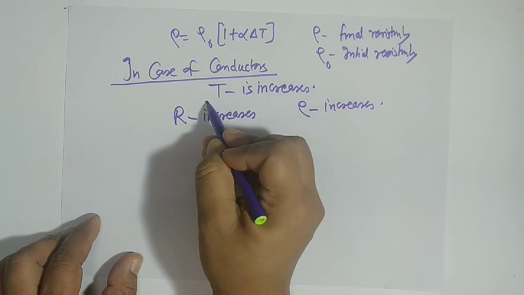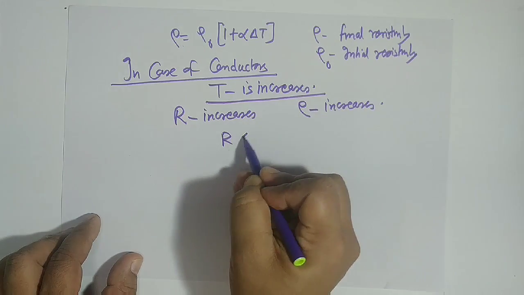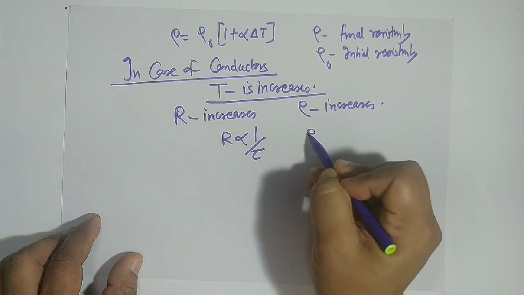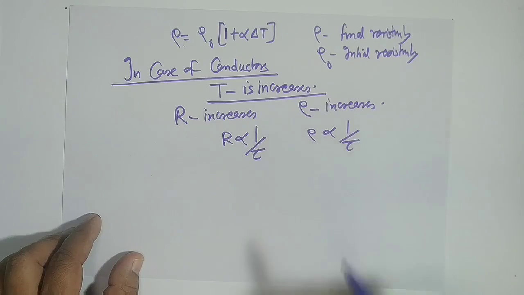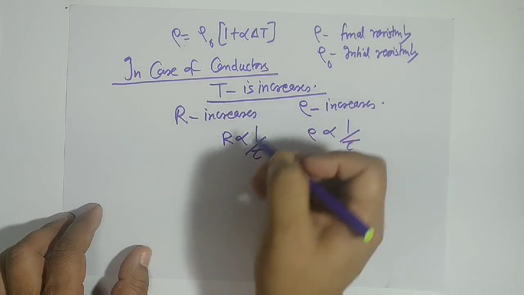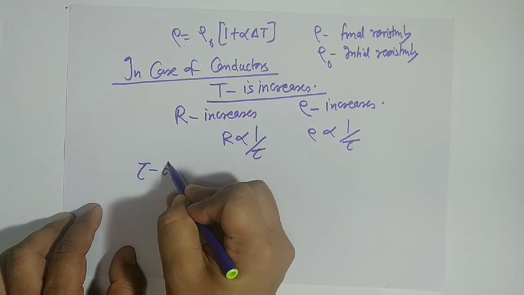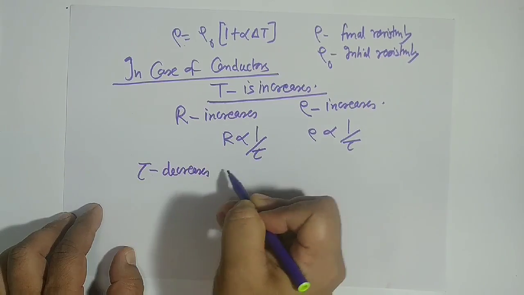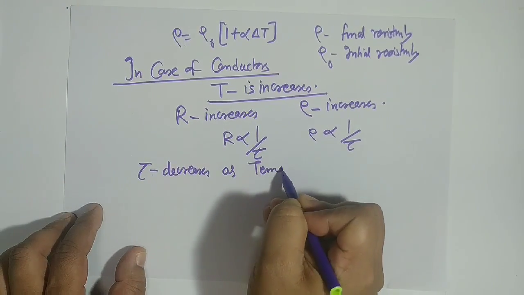This is very important, because R is inversely proportional to tau and rho is inversely proportional to tau. We wrote it earlier. So what happens? Tau, the relaxation time, decreases as temperature increases.